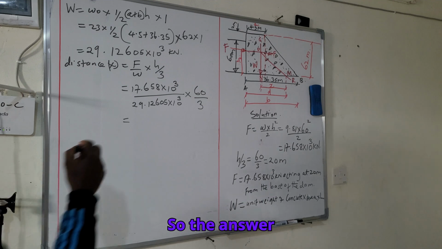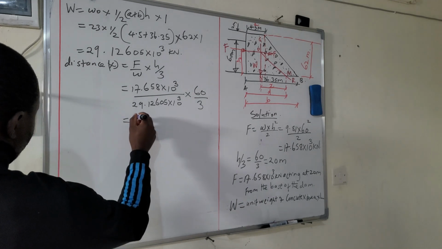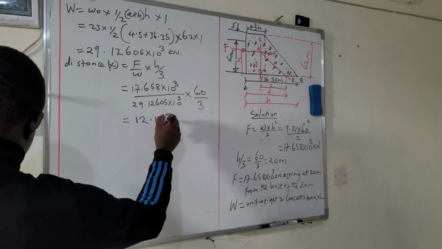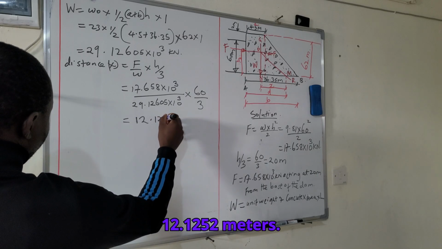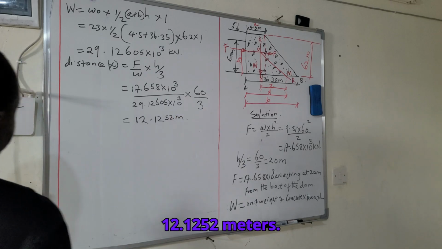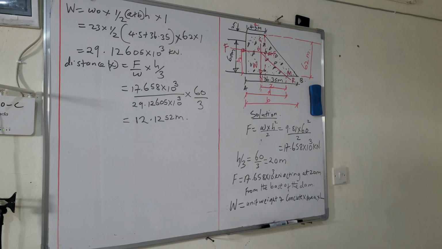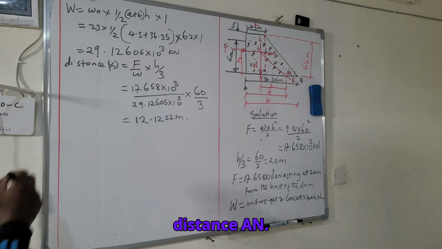So the answer is 12.1252 meters. After calculating distance X, we'll proceed and calculate distance AN.